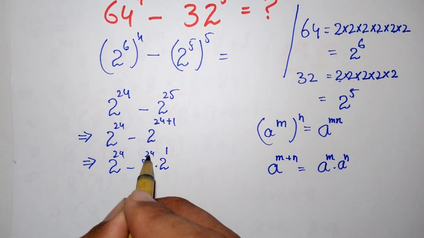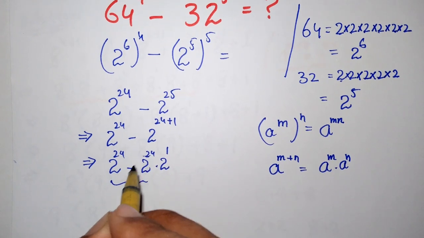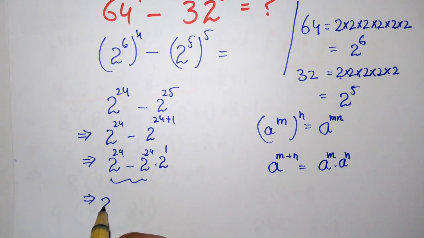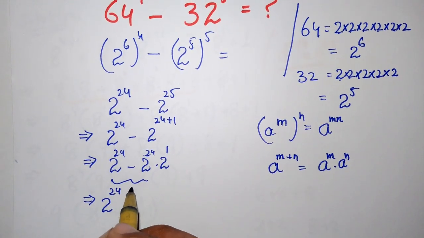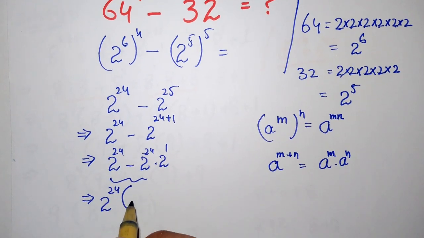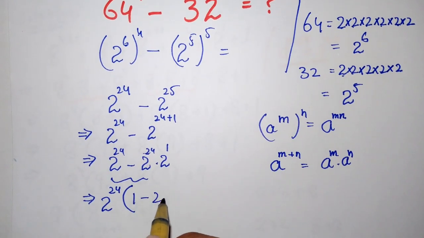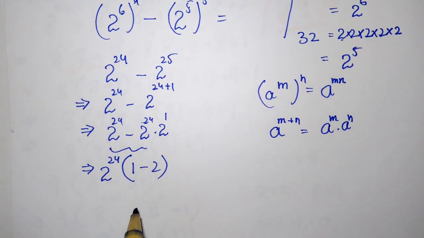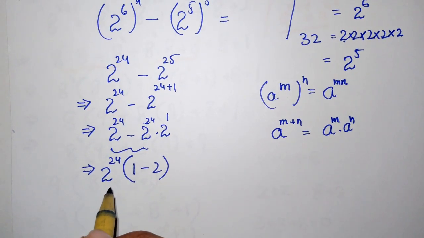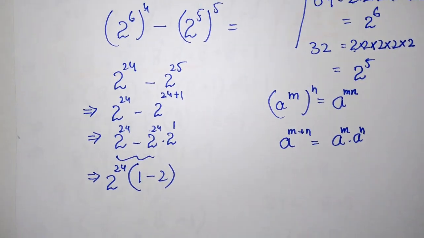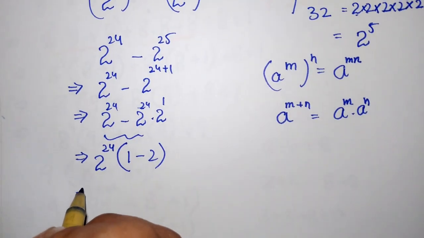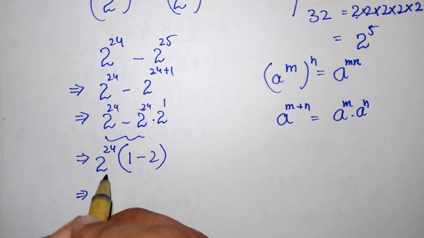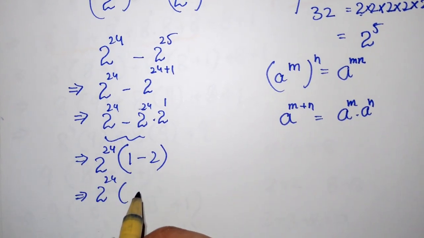Now we take 2 to the power of 24 common. This will become 2 to the power of 24 bracket 1 minus 2. 2 to the power of 24 times (1 minus 2) is equal to 2 to the power of 24 times minus 1.